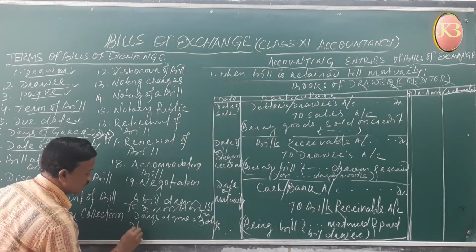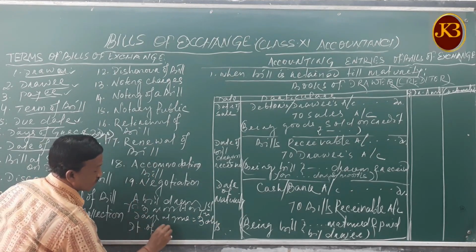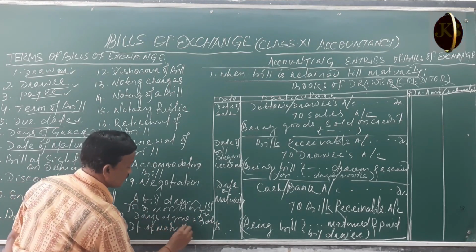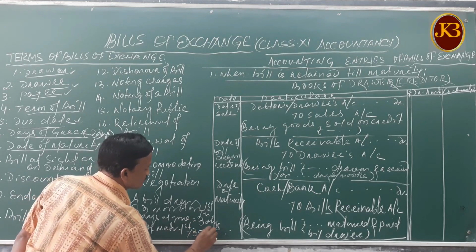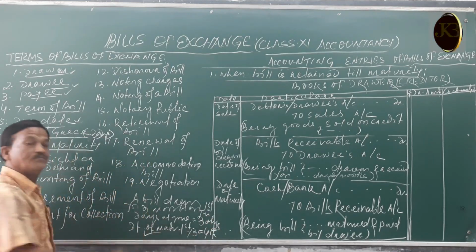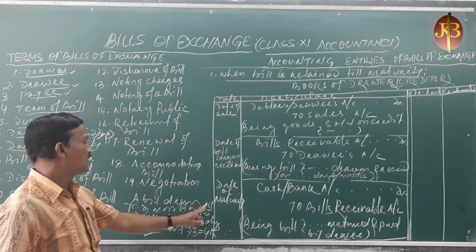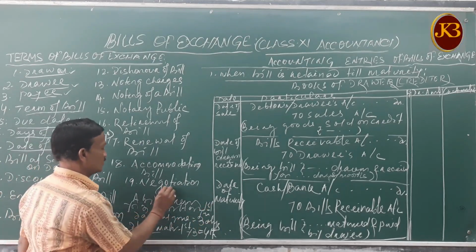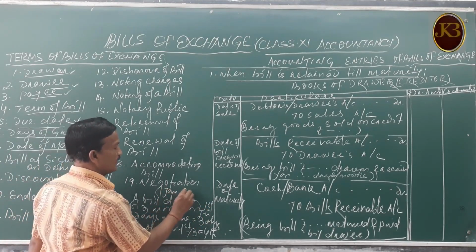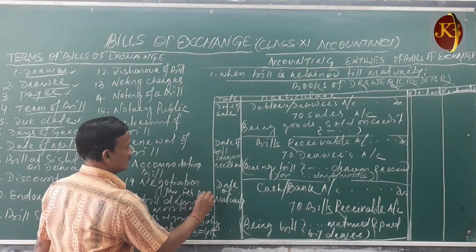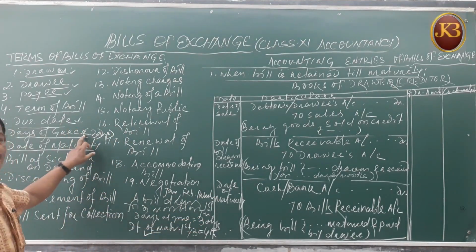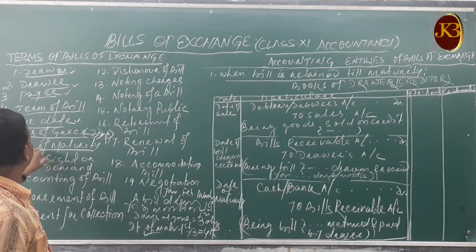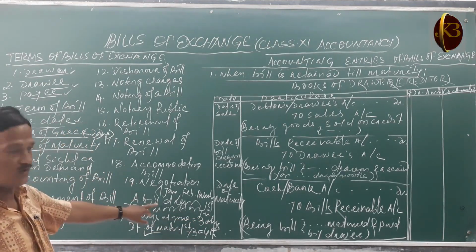Then the date of maturity is 1st April plus 3 days equal to 4th April. That is the date of maturity. 3 months time from 1st January, so January, February, March, 3 months, plus 3 days extra is added, that is the grace period. Then the date of maturity is calculated.